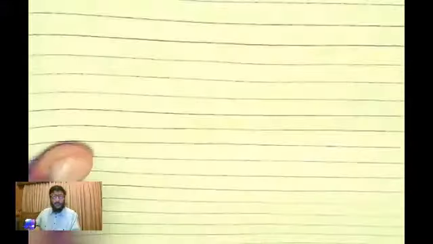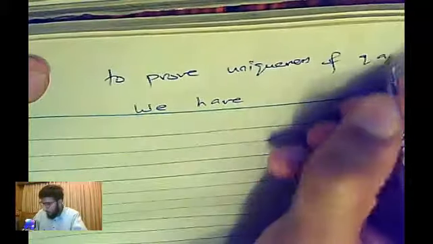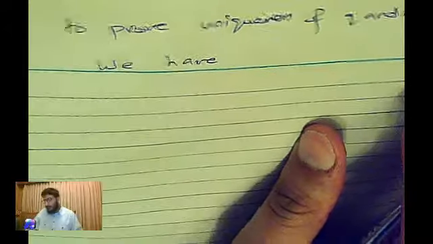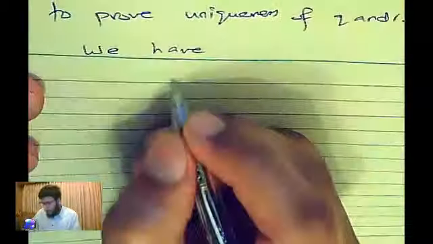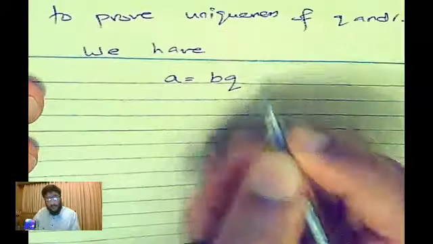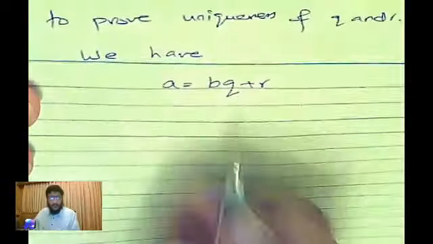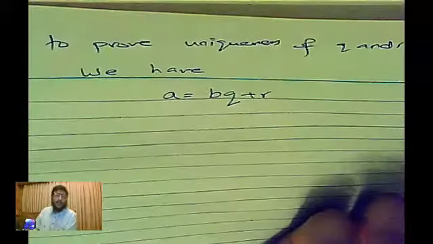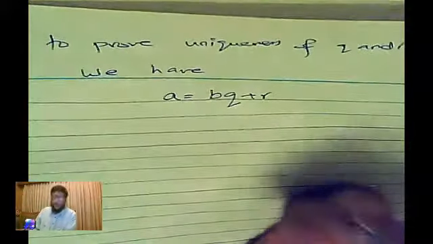Now, we are going to prove the uniqueness of Q and R. Now we have A equals B times Q plus R, where A, B, Q, and R all belong to the set of integers.